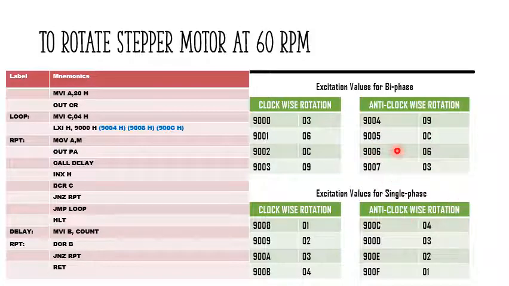For example, to excite the stepper motor coil in one phase excitation method and in clockwise direction, the memory pointer must be initialized with the memory location 9008. Then the program gives these switching data to port A pin of 8255 one after the other with a particular delay.